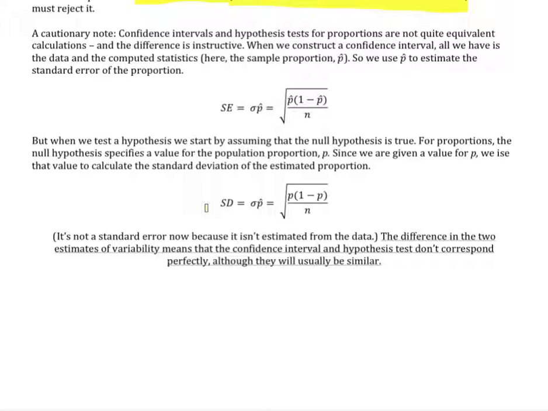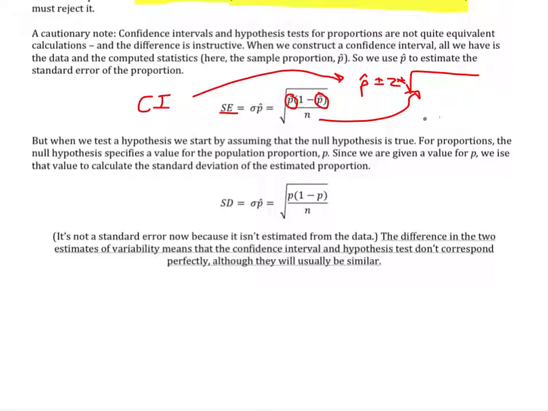So it says a cautionary note: confidence intervals and hypothesis tests for proportions are not quite equivalent. When we do the standard error in a confidence interval, so this is for the confidence interval, we have a standard error. We have statistics in here, p-hat and q-hat, right? And that's what we use when we go to the confidence interval, which equals p-hat plus or minus some z-star level times this thing.